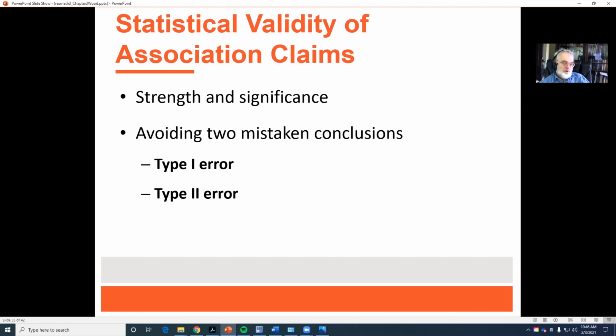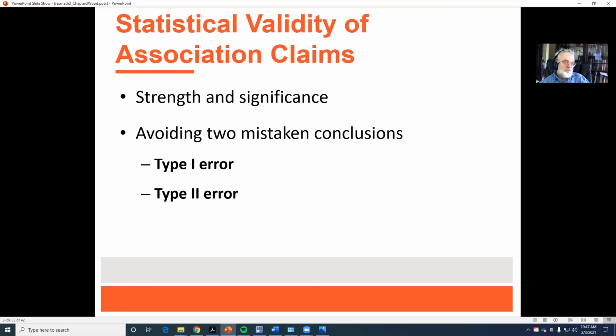A type 2 error is the odds that you accept the null hypothesis given that the true theory that's out there is that there is an association.